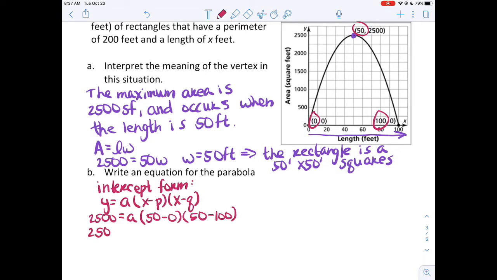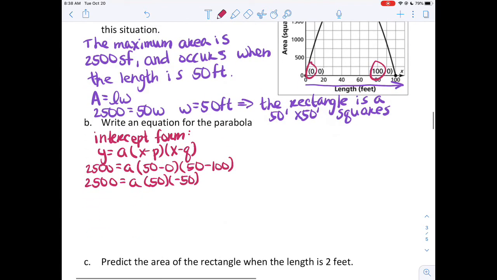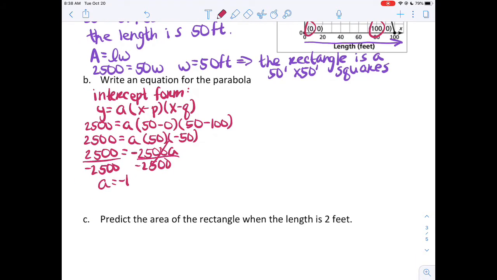Simplifying this a little bit, I get 2,500 is equal to a times 50 times negative 50, or that 2,500 is equal to, let's write our coefficient first, 50 times negative 50 is negative 2,500a. Finishing this off, even though we were working with really big numbers, we can see that a is actually just equal to negative 1.